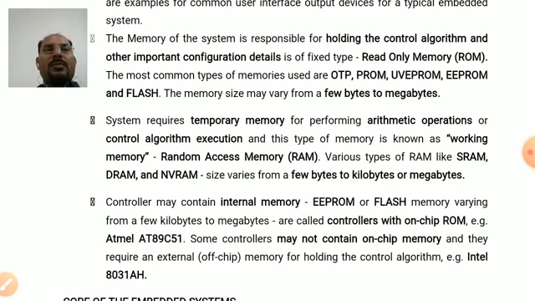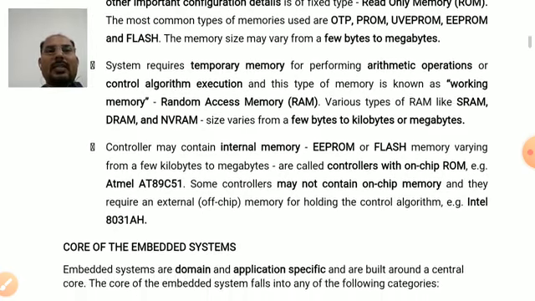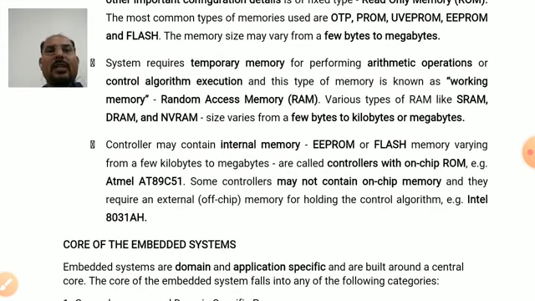Along with ROM, we also require RAM to store the data temporarily, and this type of memory is called a random access memory. Here there are the types like SRAM, DRAM, and NVRAM. SRAM stands for the static RAM, DRAM stands for the dynamic RAM, NVRAM stands for the non-volatile RAM.